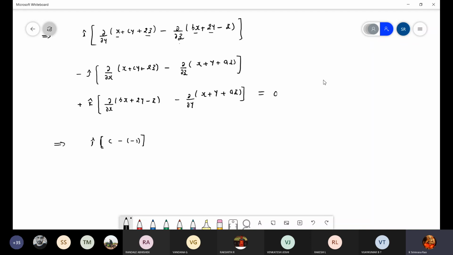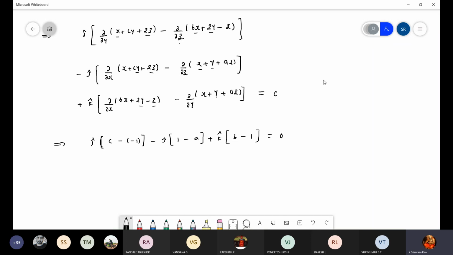Then minus j cap into partially with respect to x, 1; these two are constant. Partially with respect to z, x, y are constant, it is 0. You will get minus a. And plus k cap into partially with respect to x, b; these two become 0. And with respect to y, it is 1. So that is equal to 0.